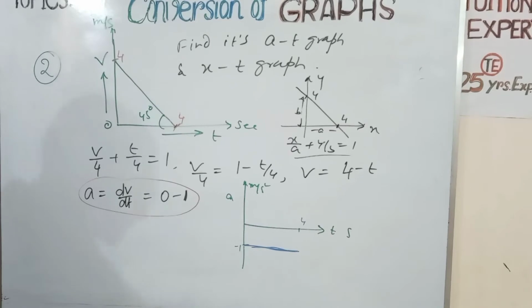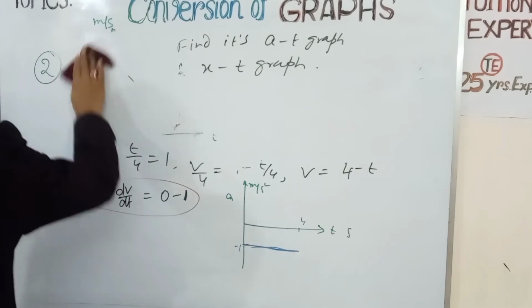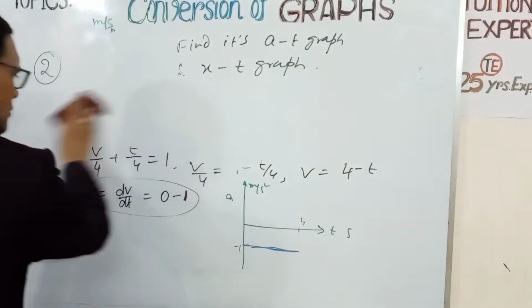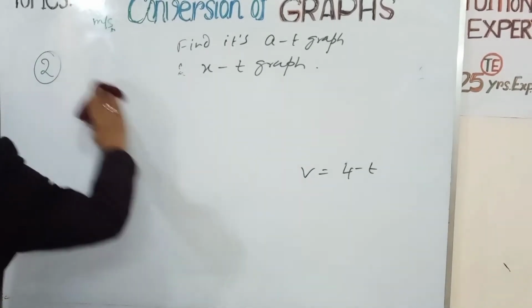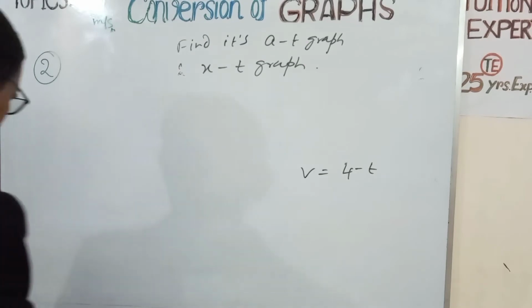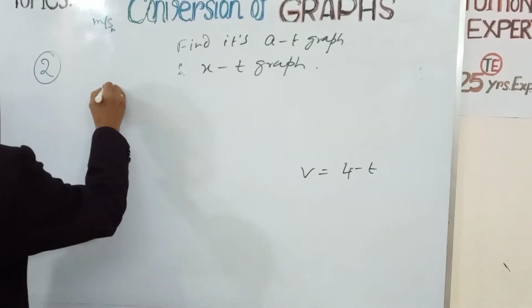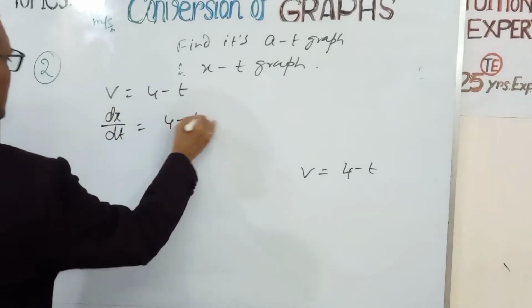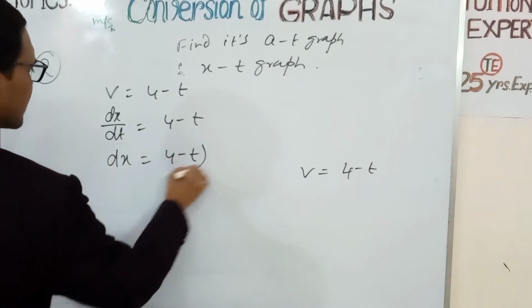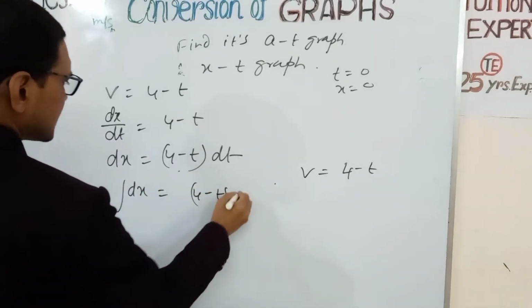Now we have to find the xt graph. The equation is v equal to 4 minus t, dx by dt. So dx equal to 4 minus t dt.